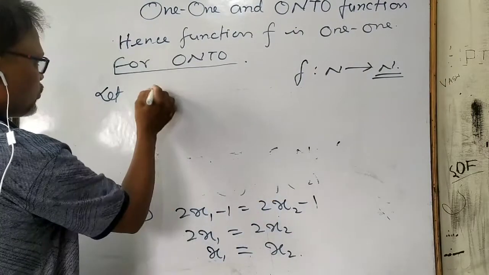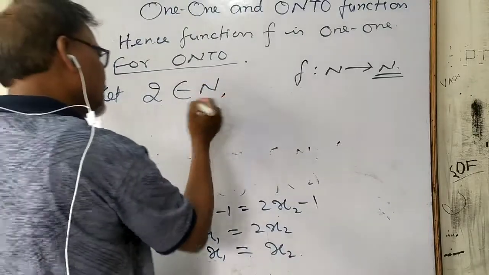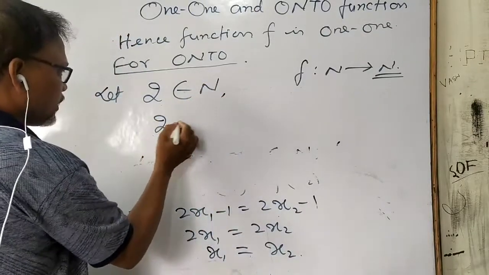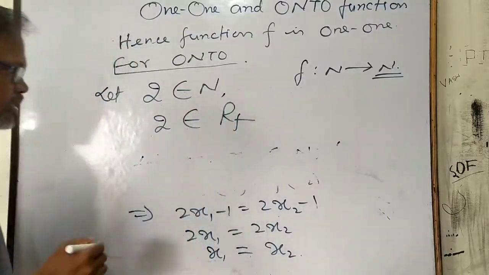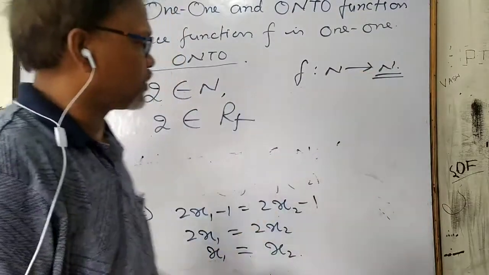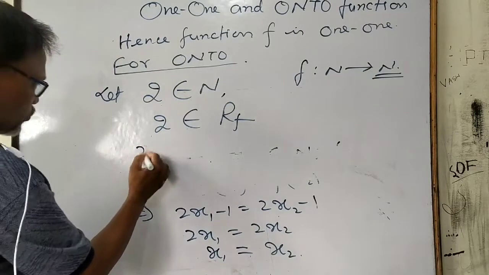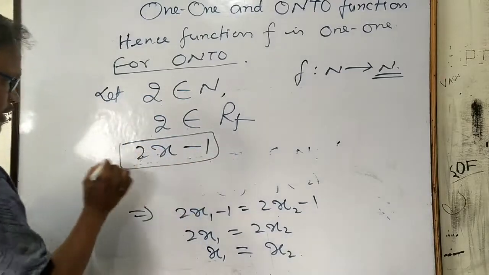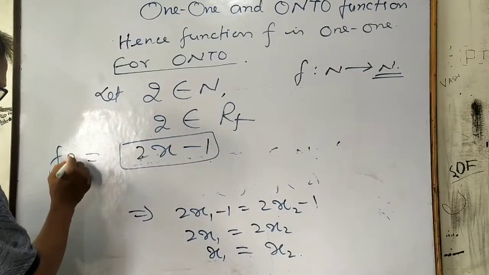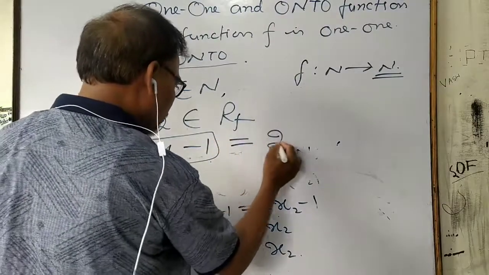2x - 1 equals 2, which belongs to the natural numbers, and this 2 also belongs to the range of the function. According to the question, this is the range of the function. So 2x - 1 is in the range, and this must be equal to 2.